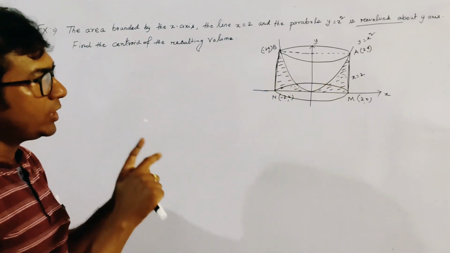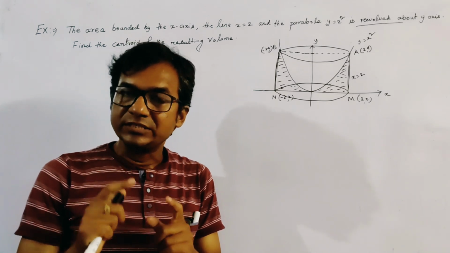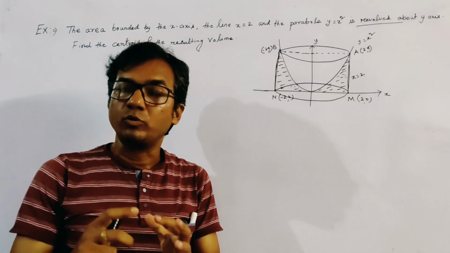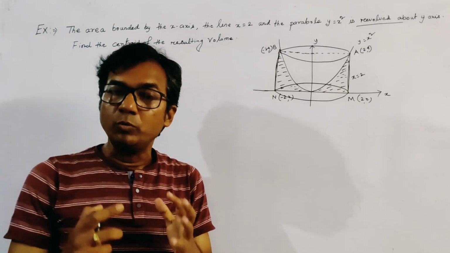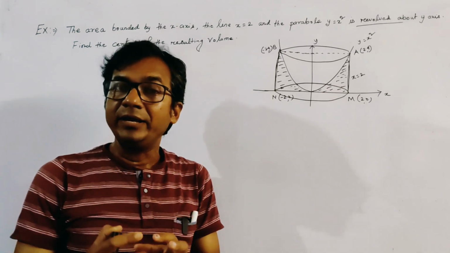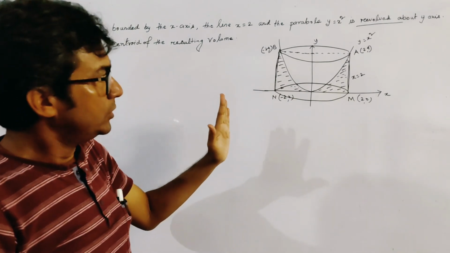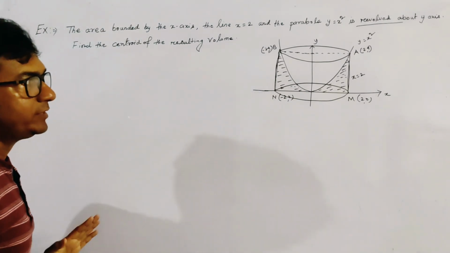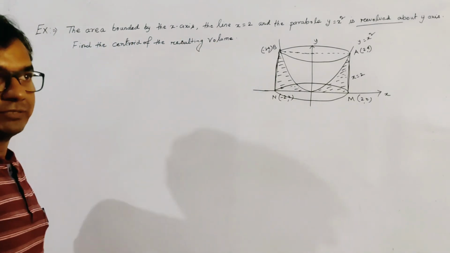So here we need to find the CG of a combined body. What is the formula for finding the CG of a combined body? Let us see. We first name the two bodies.